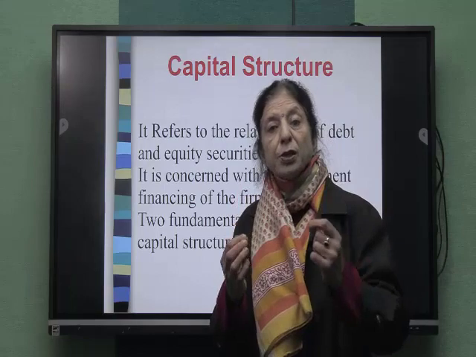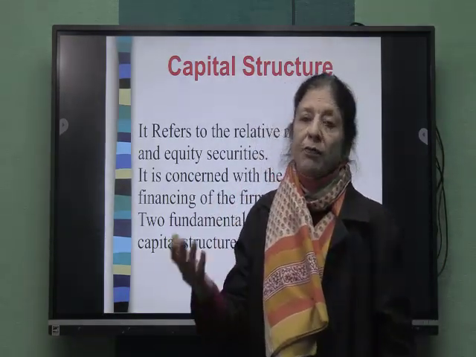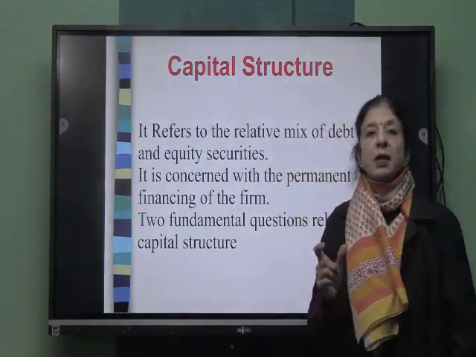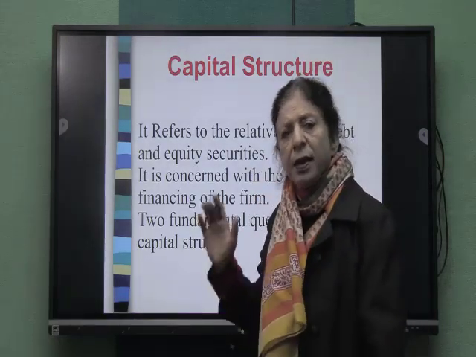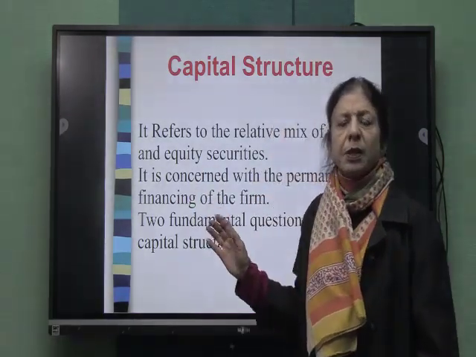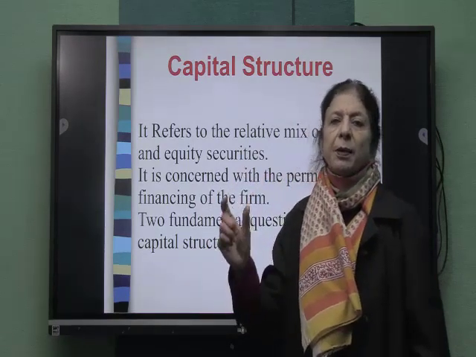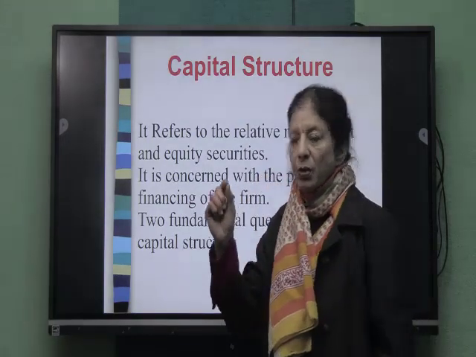If the company is not meeting their expectation, the share price will go down, the value will come down. As a result, the company has to maintain a proper debt equity ratio. Here in the capital structure chapter, we'll be discussing what will be the optimum capital structure or what would be the optimum debt equity ratio.